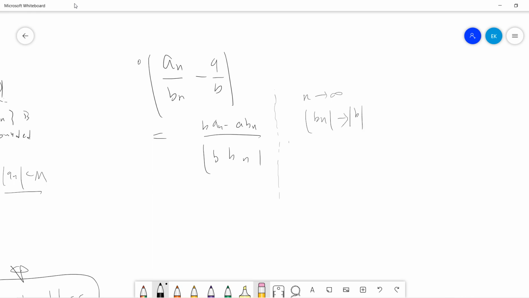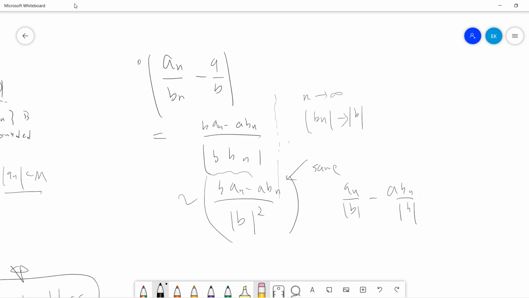So that means this term is close to (b an minus a bn) divided by b squared, and you can control this by the same reason. So all we need to prove is that the limit of an divided by b is just a divided by b, which we already proved by the same reasoning.